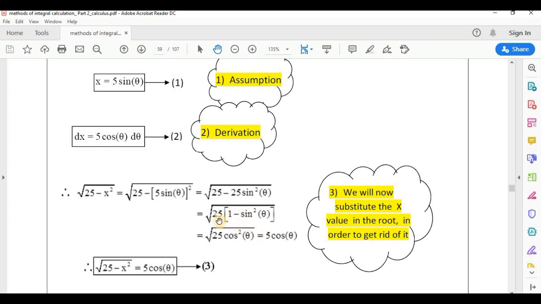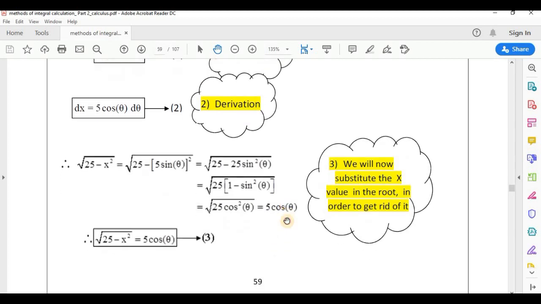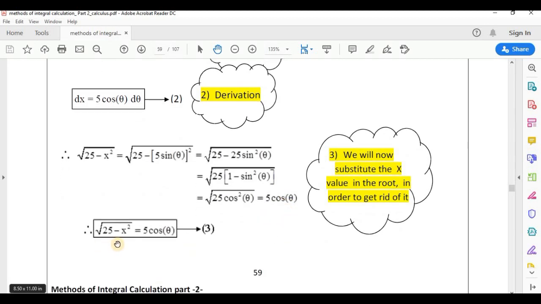So it will be 25 multiplied by 1 minus sine square, and 1 minus sine square will be equal to cosine square. After the simplification, we will get this result, 5 multiplied by cosine theta. So the square root of 25 minus x squared will be equal to 5 multiplied by cosine theta, and we will call this equation number 3.